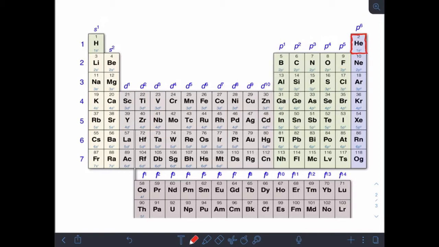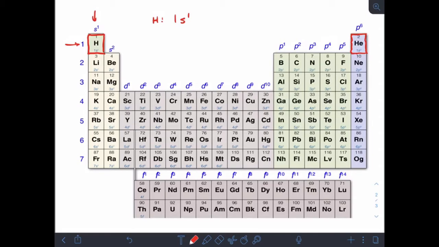All right, so hydrogen is the very first element, so there's nothing that comes before it. Hydrogen's electron address, or electron configuration, is row 1, first column of the S block. So I'm going to say 1s superscript 1.